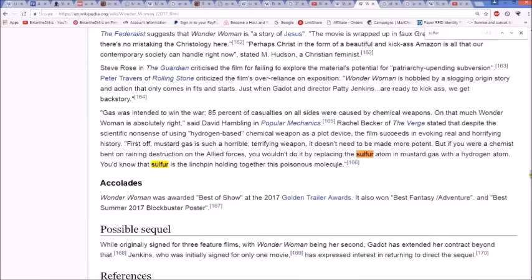And boom, here is the bombshell. There it is right there. This is from the Wonder Woman 2017 movie Wikipedia page, and they mention the sulfur molecule.